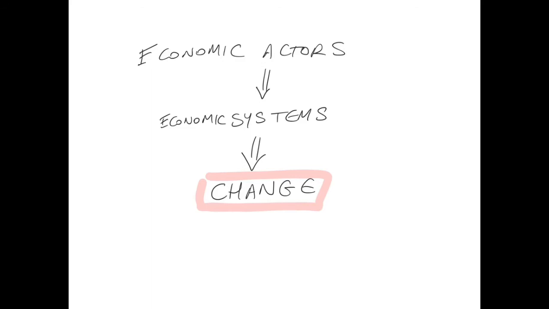Whether these systems are markets or whole economies, these economic systems are subject to constant change. This is a very important central concept in economics. Economic systems are very dynamic and they are subject to constant change. Economists are also interested in studying change within economic systems, the causes of that change, the processes involved, and the consequences of that change.